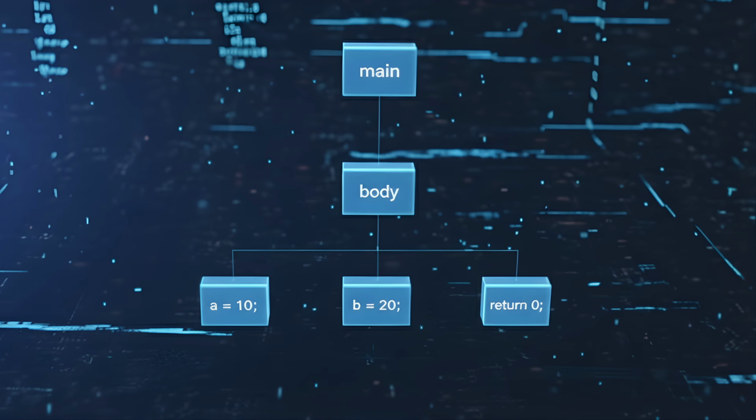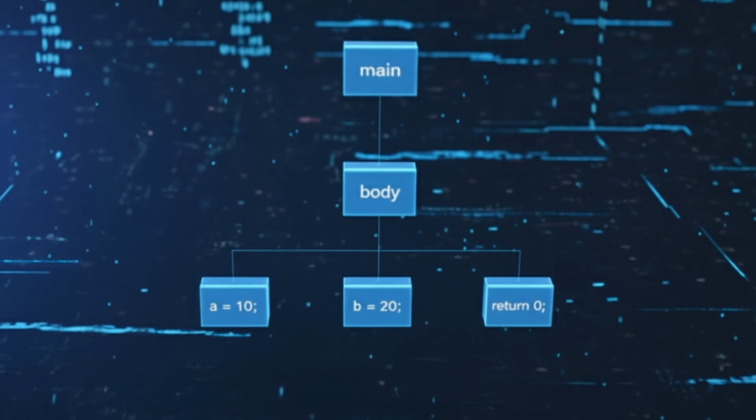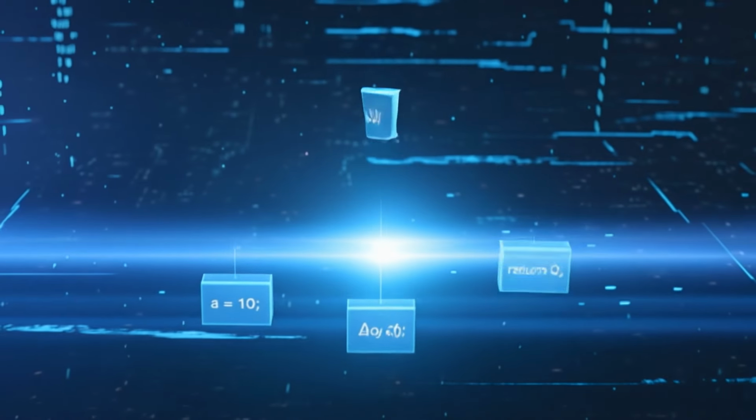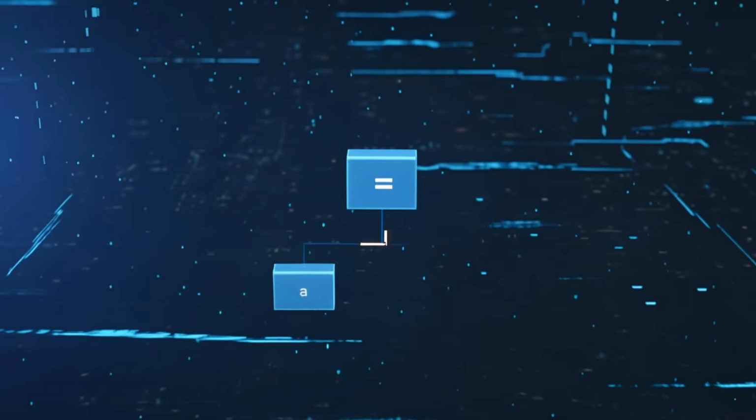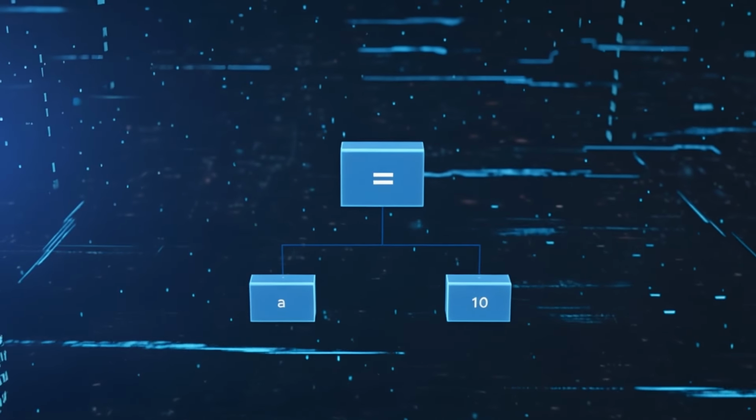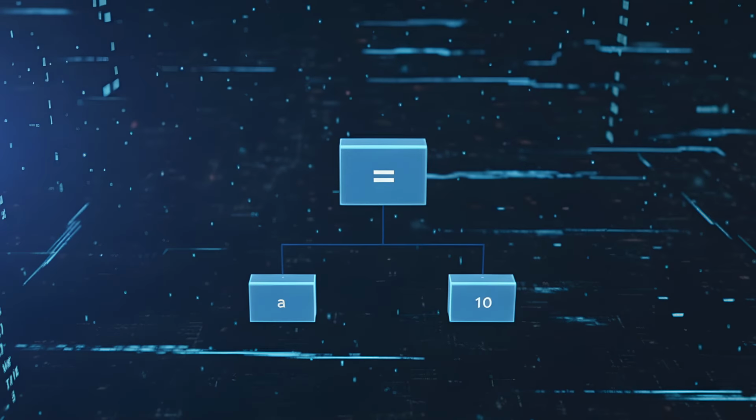For example, a function node might contain child nodes for the function body, and within that body, you might find variable assignment nodes. These can be broken down even further. For instance, an expression node could have two children, the left operand and the right operand, with the operator itself serving as the parent node that defines how the operands interact.